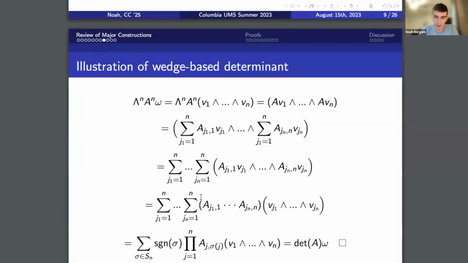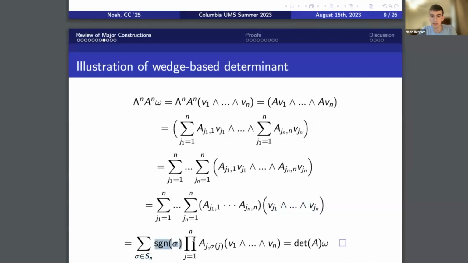Now we have this indexing of j1 through jn inside this sum, and this is only going to be non-zero if there's no repeats. So these have to make up all of the different permutations of v1 through vn. That's how we come to sum over all the permutations.